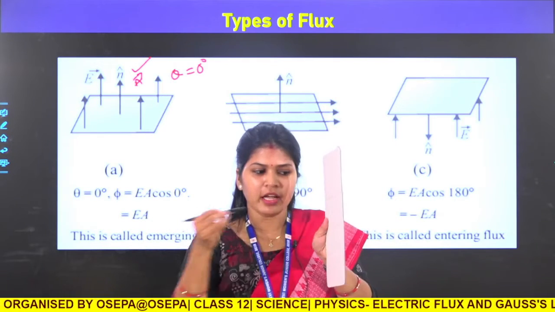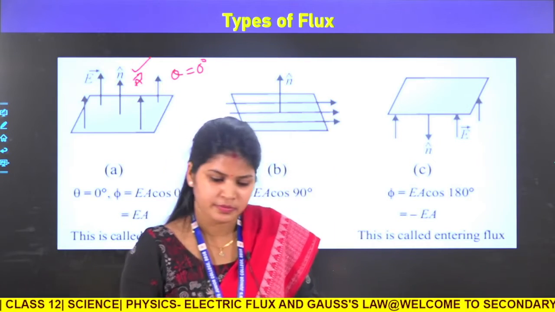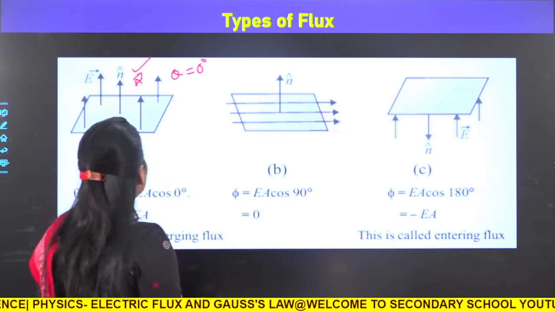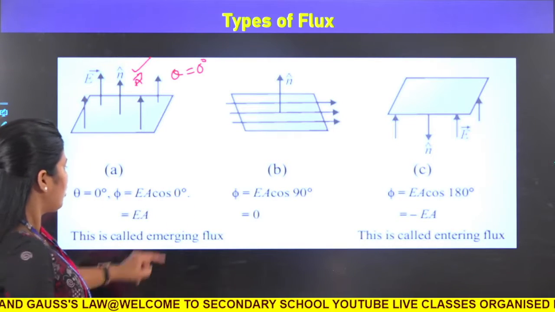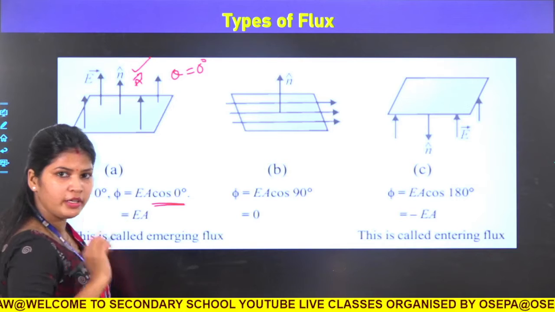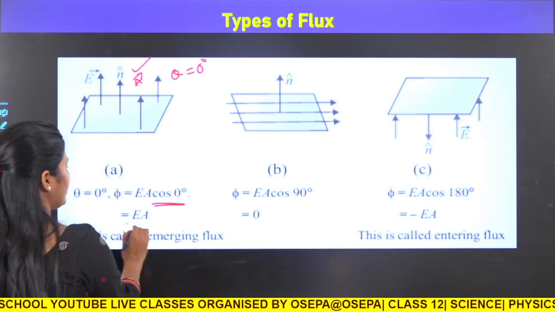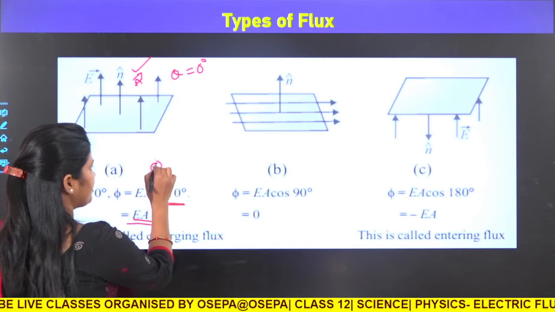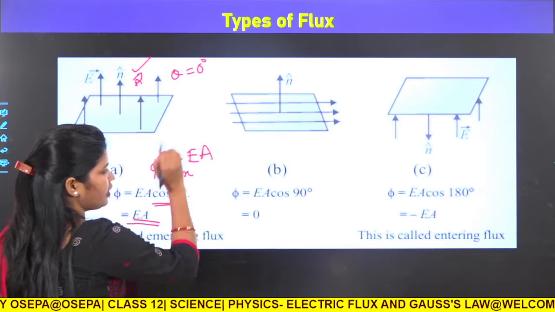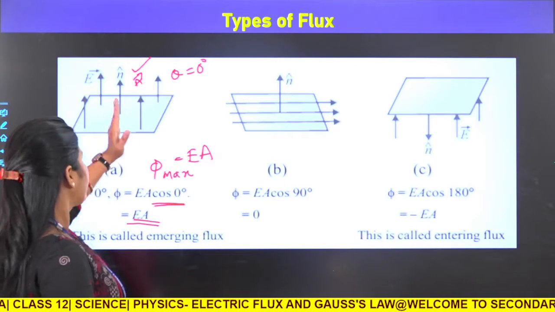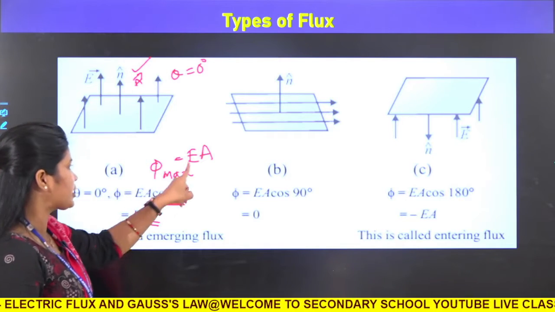As E vector and A vector are in the same direction, theta is 0, and cos 0 is 1. So phi is equal to EA, that is phi maximum. This is the maximum flux EA when electric field and area vector are in the same direction.